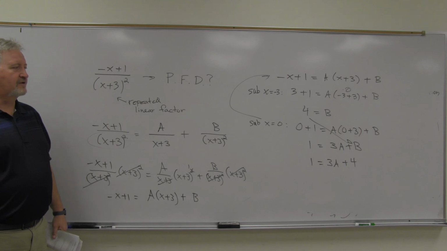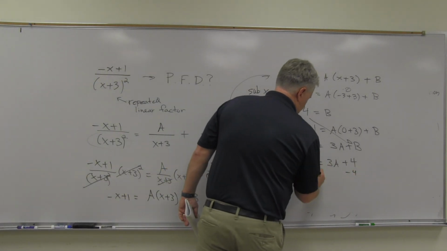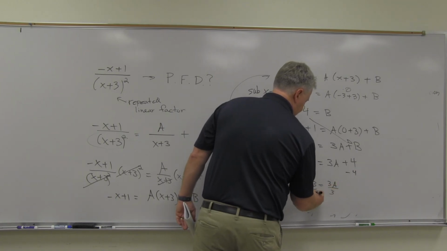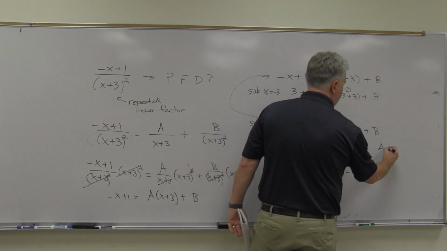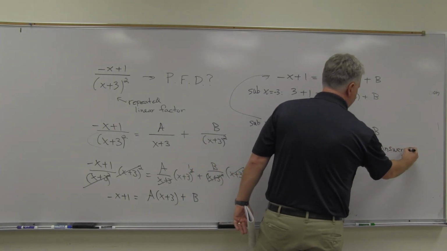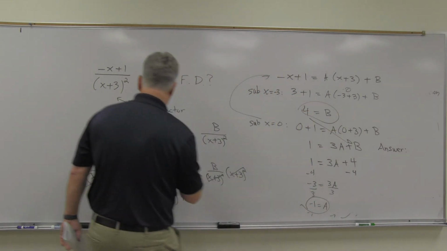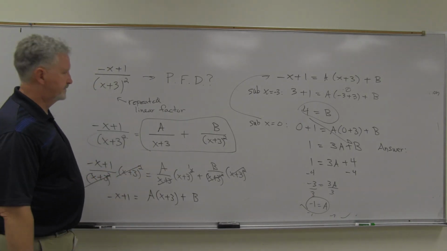So we got B is 4, so now I can figure out what A is. Just subtract the 4. Negative 3 equals 3A, so A is negative 1. So here's the answer. Plug in A to be negative 1 and B to be 4 back in the original breakdown.